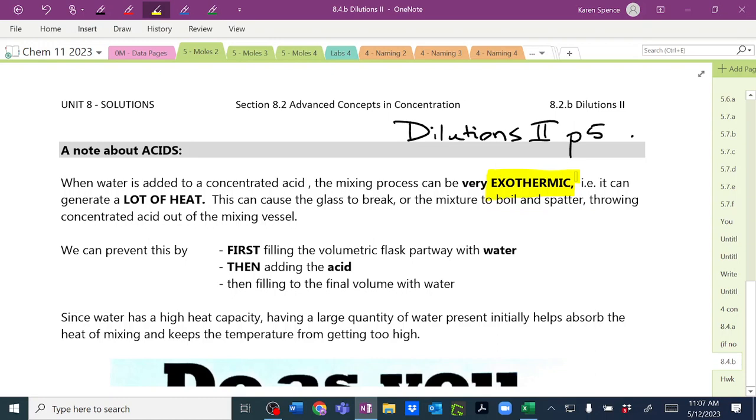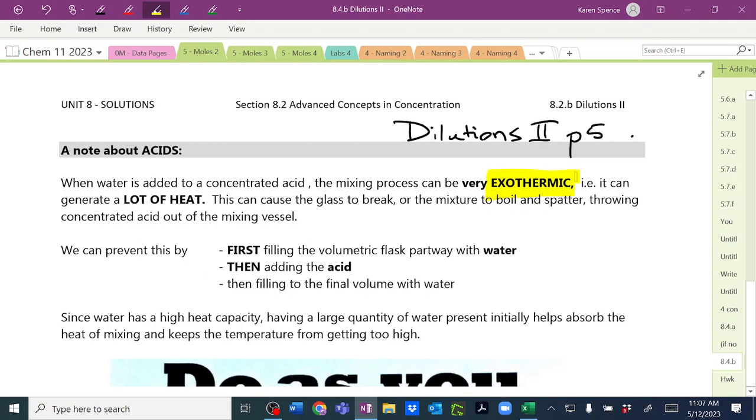And if you take concentrated acid and you pour water into it, that mixing process actually generates a lot of heat. A problem with that is sometimes if you have a very fast change in heat, it can cause the glass to crack, which we don't want.